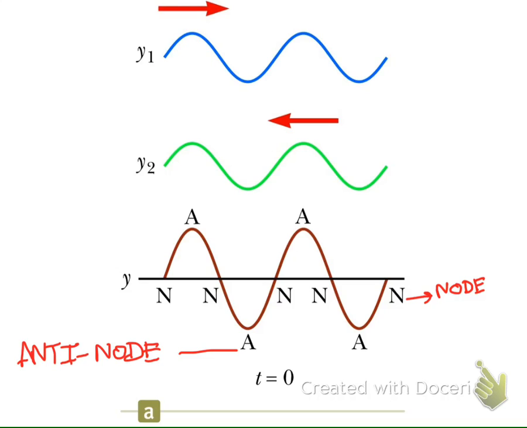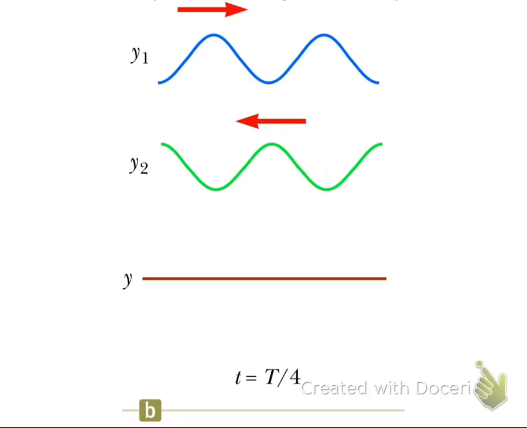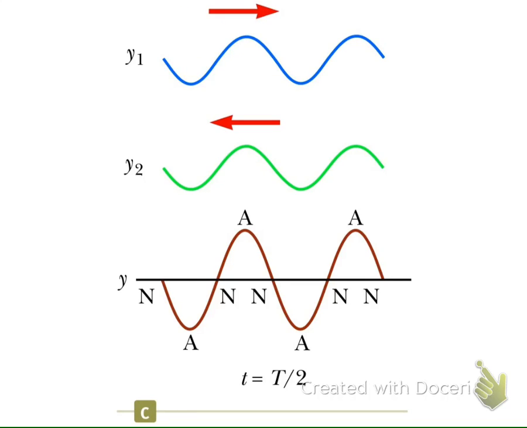Okay, so you can see that this is the maximum displacement of the medium, and then it goes to 0, and then it goes to the maximum in the negative direction.